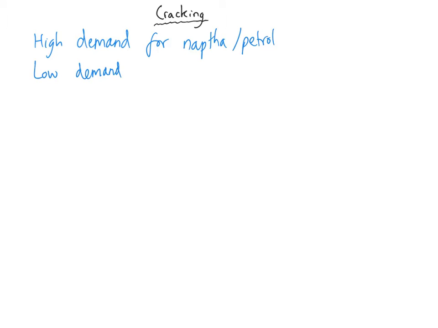Moving on now to take a look at cracking, which happens on an industrial level in a variety of different ways. The reason that we have cracking is that we've got a high demand for some fractions of crude oil, for instance, naphtha or petrol, whereas we have a low demand for some of the larger fractions.